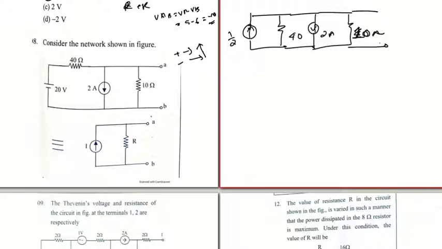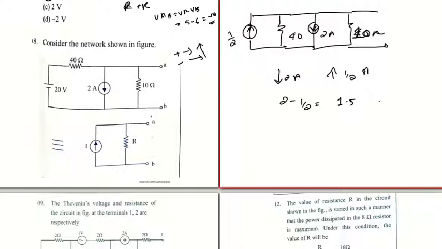Now we have to find the equivalent current. A current of 2 ampere is flowing downwards, and 1 by 2 ampere is flowing upwards. So the equivalent is 2 minus 1 by 2, which is equal to 1.5.